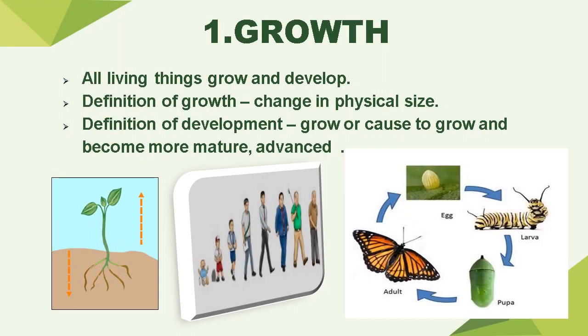Let us discuss the first characteristic of living things, growth. All living things grow and develop. Growth is the permanent, irreversible increase in the size of an organism. This feature is observed in all organisms, accompanied by several metabolic processes.